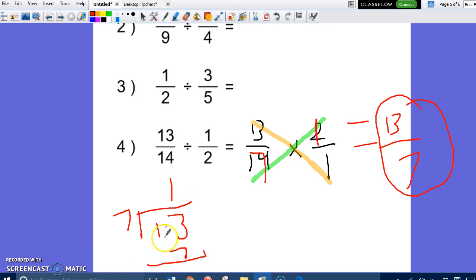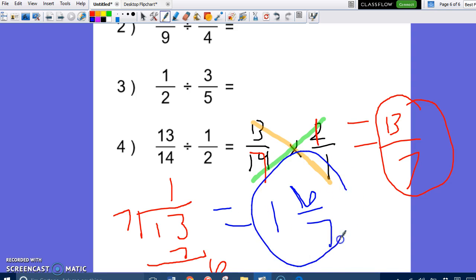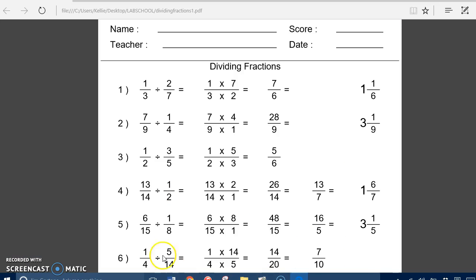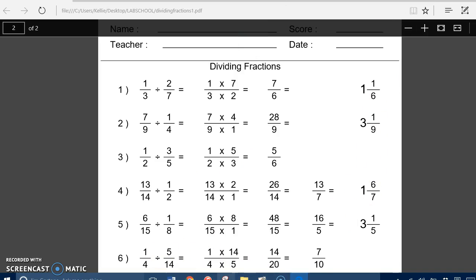Multiply and subtract. 13 minus 7: 7, 8, 9, 10, 11, 12, 13. You have 6 left over. So now I have all the parts I need for my mixed number. I have 1, and oops, that should be a 6, and then 7. So 1 and 6 over 7. Hallelujah.